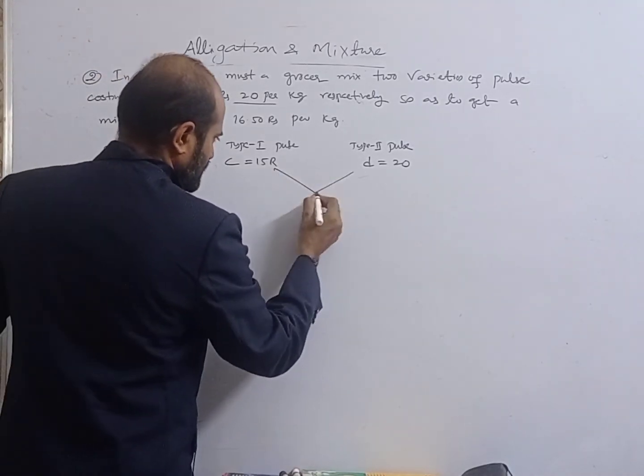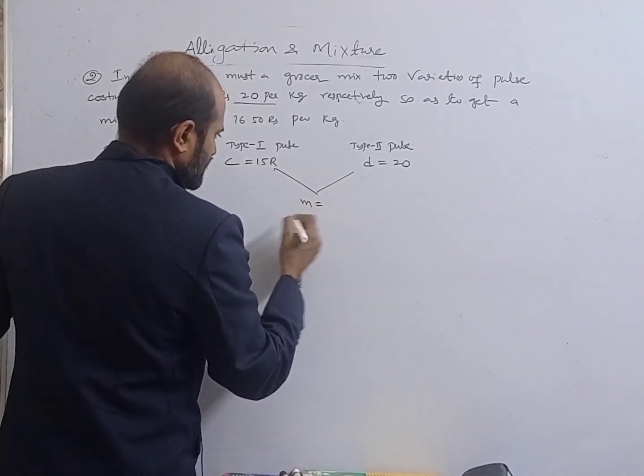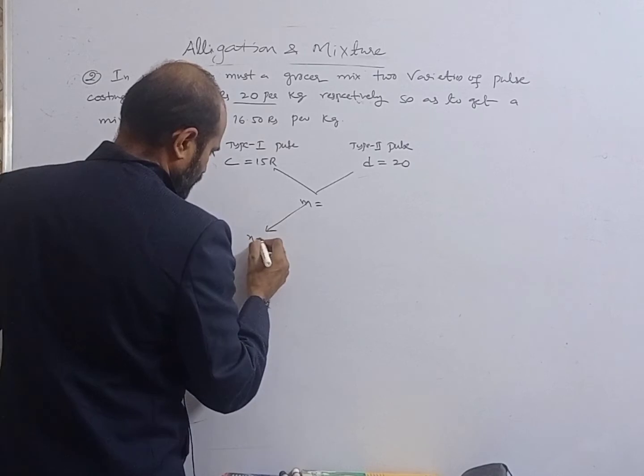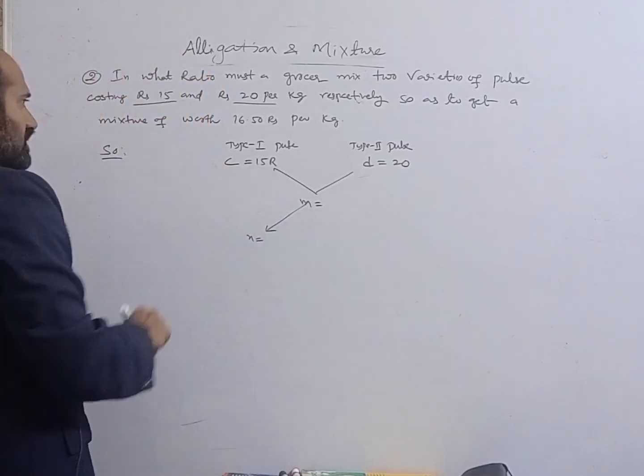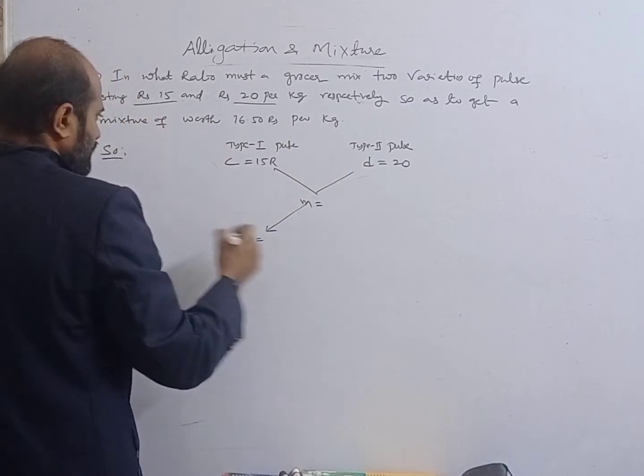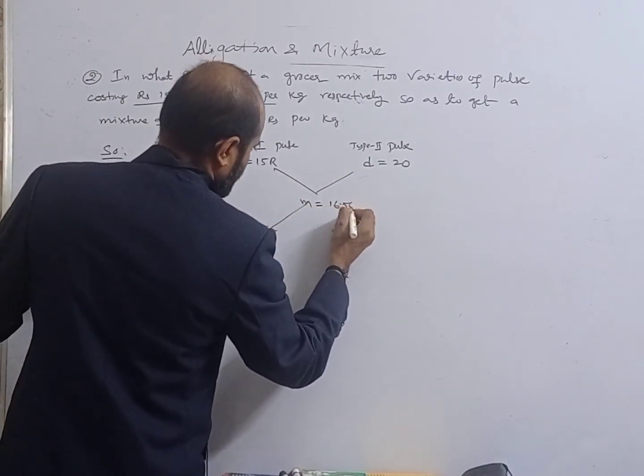You know, by mixing these two we get the mean price, and here x equals D minus M. The mean price is already given as 16 rupees 50 paisa.